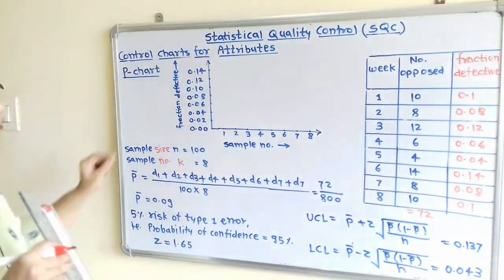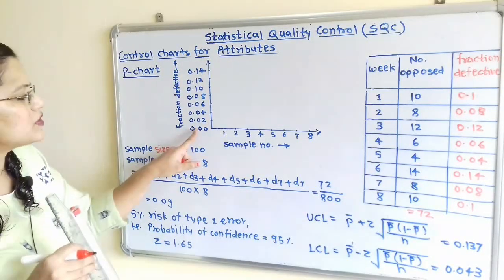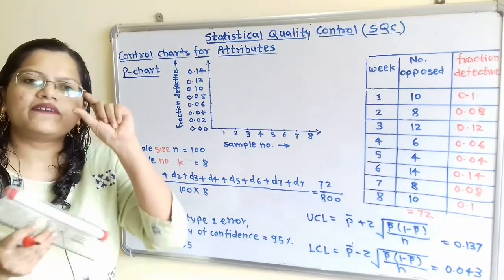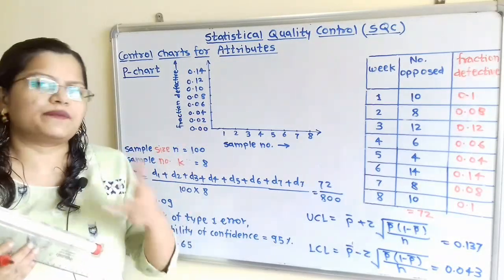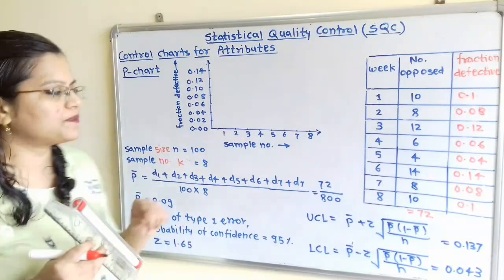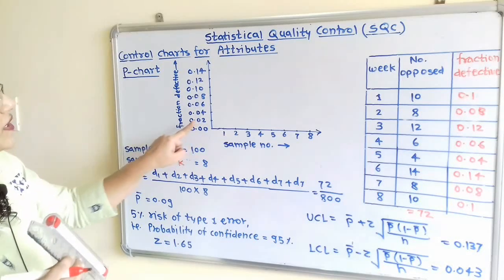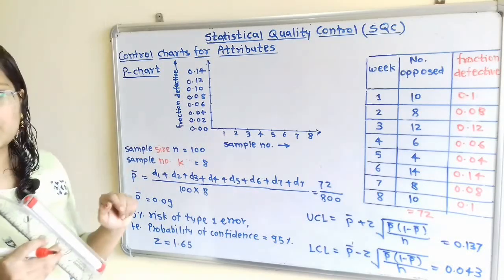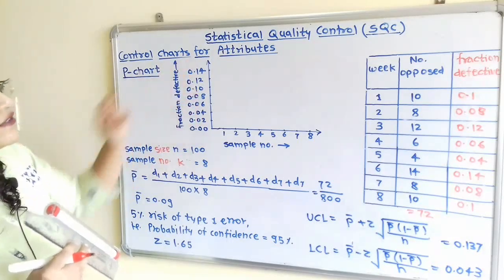So we have to plot the numbers on this vertical line starting from 0.00, and we will take equal distances. You can take 1 centimeter, 2 centimeter as per the space available, and at equal distance we will plot the next number, that is 0.02, then the next number 0.04, 0.06 and so on.